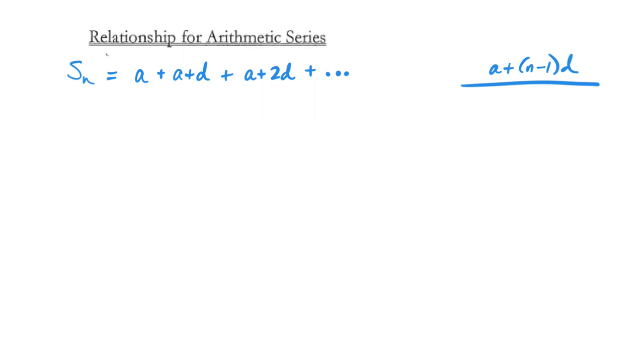So if we went backwards from there, if that term was n minus 1, then the term that must have come before it would have to be 1 less n. So we would get a plus (n minus 2)d. And then the term that would have to come before that would be a plus (n minus 3)d, and so on and so on.